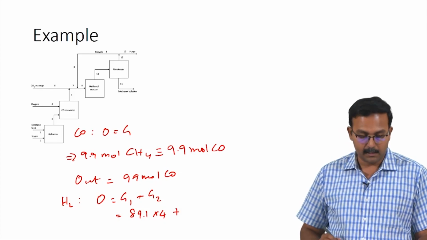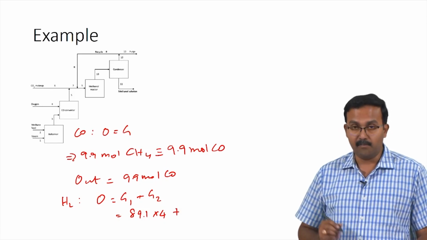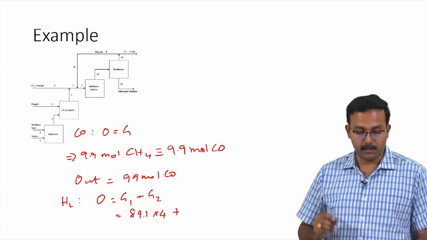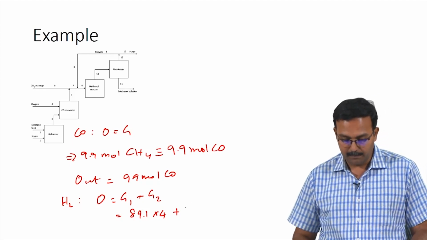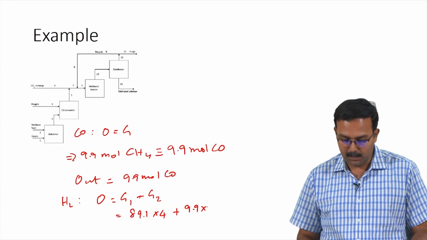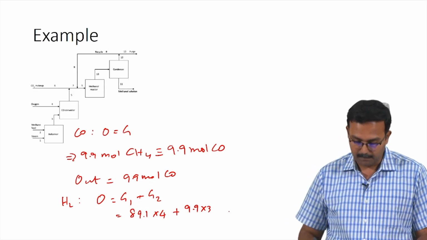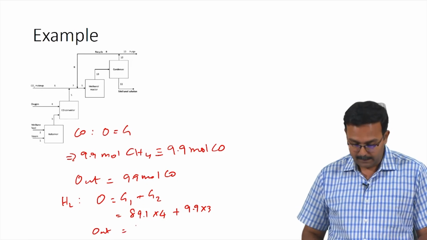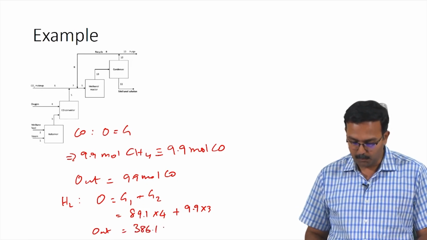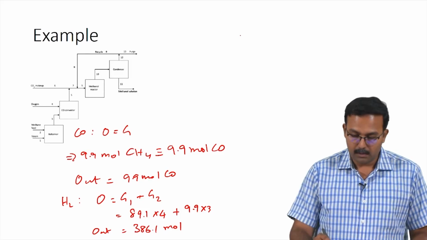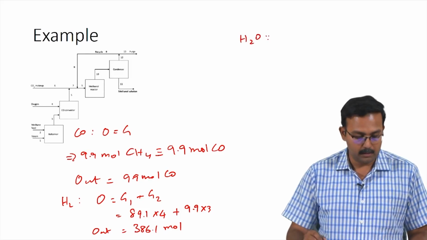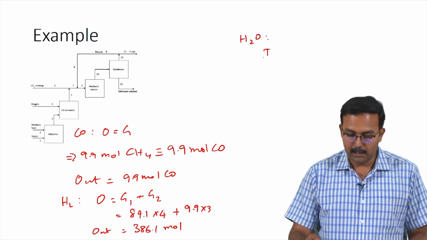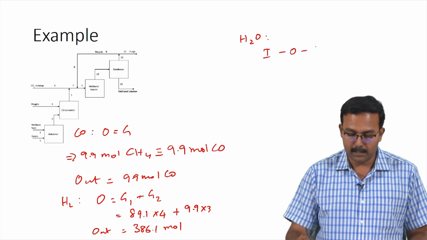From the side reaction, for every mole of carbon monoxide produced, 3 moles of hydrogen are produced. This means 9.9 times 3 moles of hydrogen is being produced. So, the total output for hydrogen would be 386.1 moles.